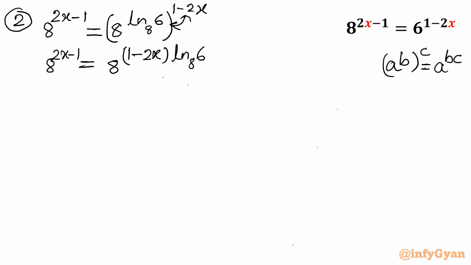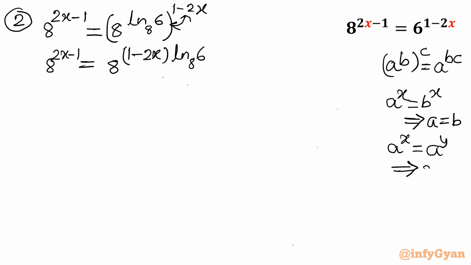Now the left hand side is 2x minus 1. Again the same property of exponents: a power x is equal to b power x implies a must be equal to b. But here the property is a power x is equal to a power y, that means x must be equal to y. So I will equate the exponents.